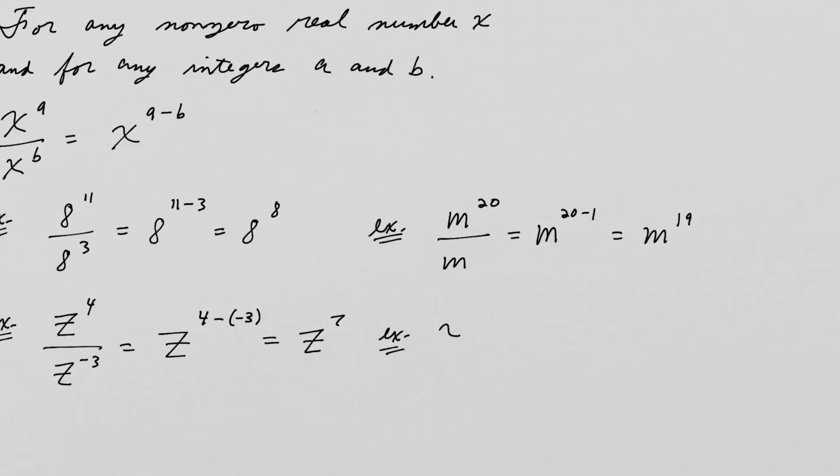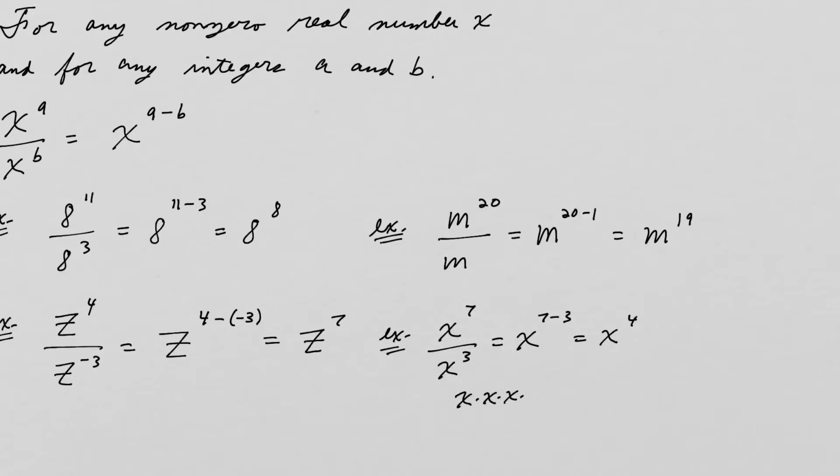What if I have x to the 7th divided by x cubed? Well, this is going to be x, and then it'll be 7 minus 3, so it'll be x to the 4th. Can you see why this works? If you think about it, x to the 7th, I could write as x multiplied by itself 7 times.